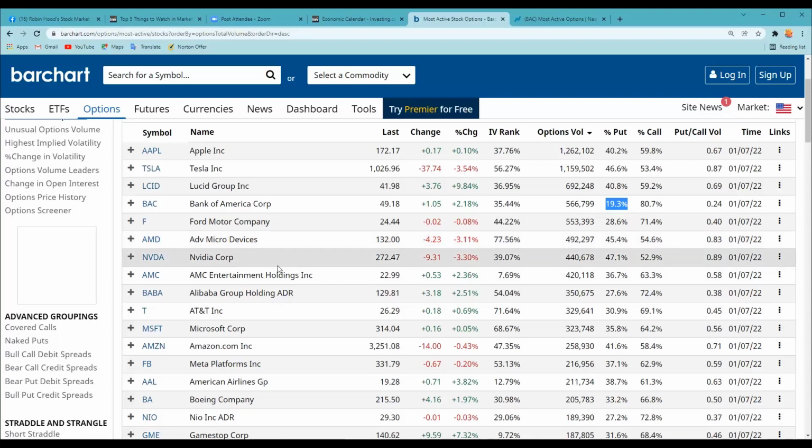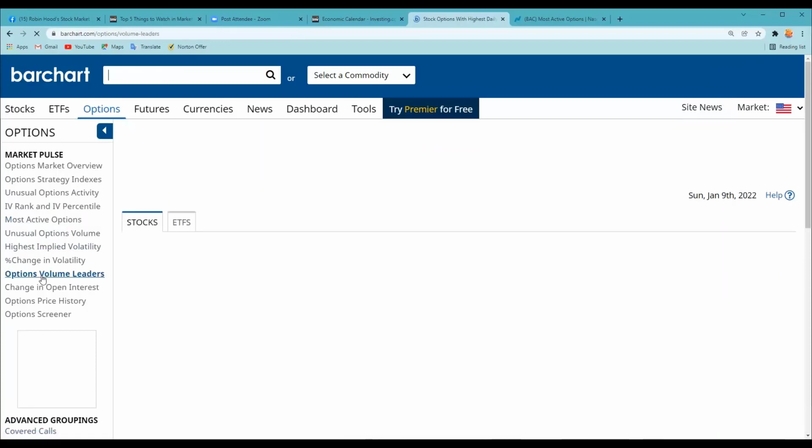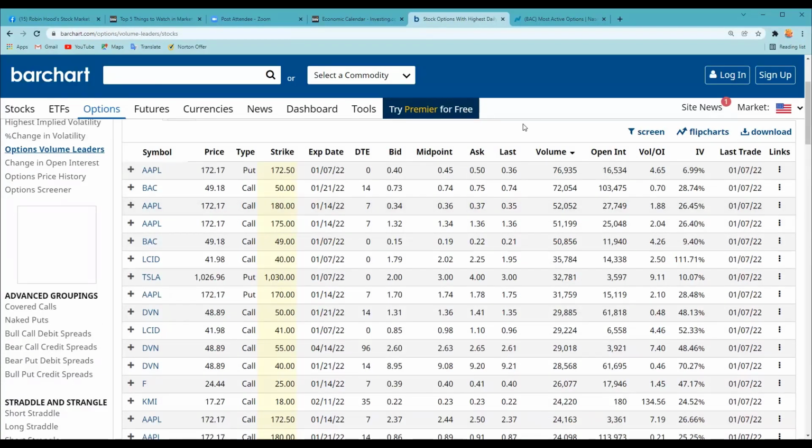So going on down, we have AMD, and so on. I'm just not seeing a whole lot of unusual activity down here. A lot of this stuff is pretty common. So for the next part of the Barchart website, you want to go from most active options down to options volume leaders, because now we'll see, out of the entire system, the most active individual calls and puts.